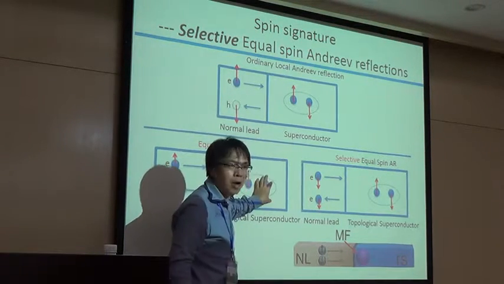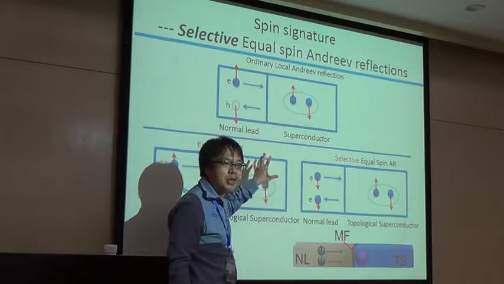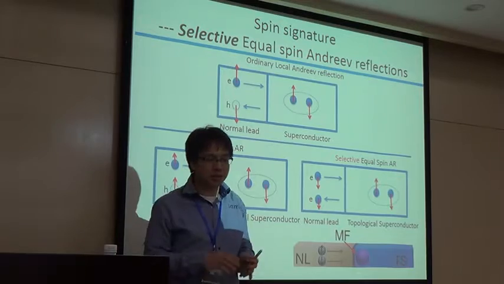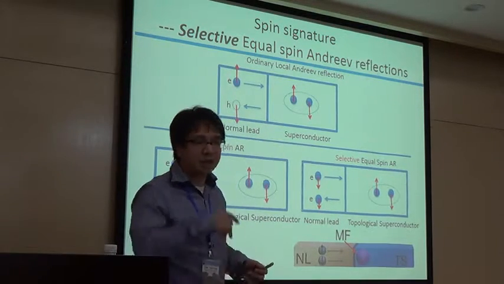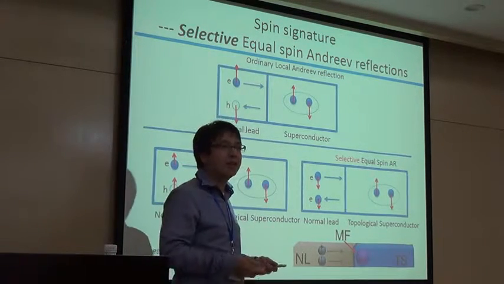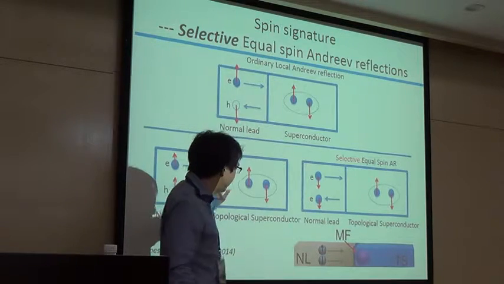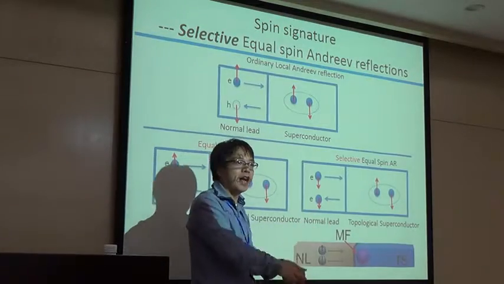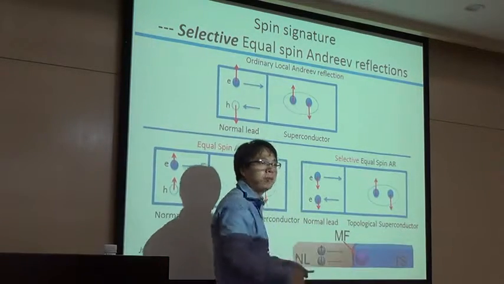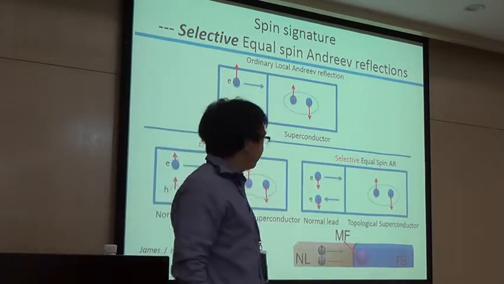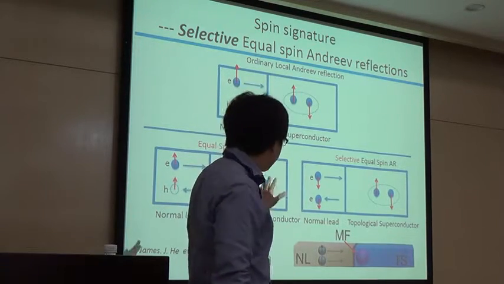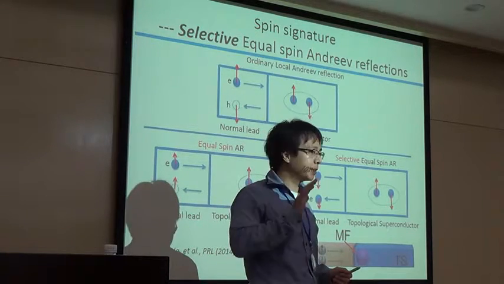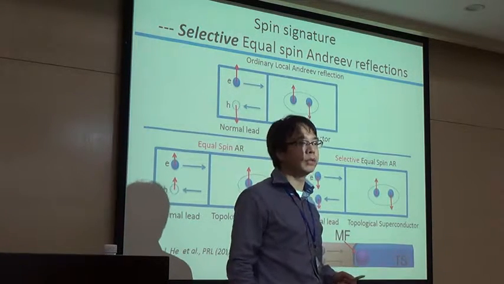Once you go into the bulk, it is actually a spin singlet pairing. You can calculate the pairing correlation, and you realize that near the place where you have Majorana it is triplet, and then in the bulk it is singlet. So there is a process of spin flipping inside the superconductor, because you have spin-orbit coupling and your spin is not conserved. That's very important.